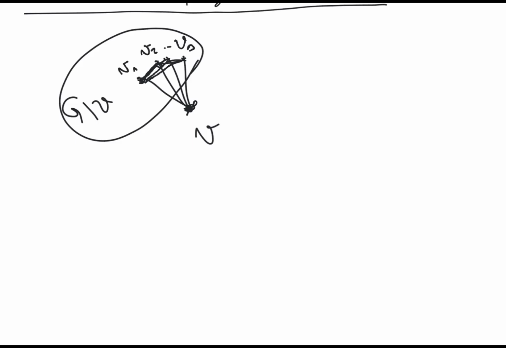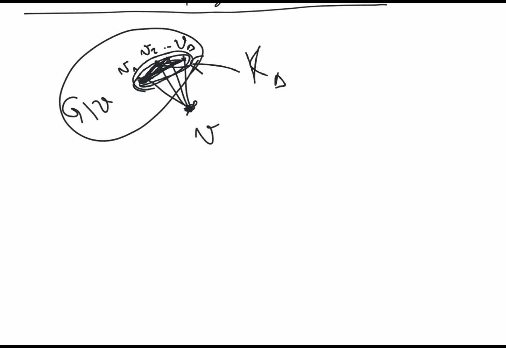So in particular, if we take the subgraph on these vertices v1 through v delta, this subgraph is a complete graph on delta vertices. So any two vertices in this list are adjacent to each other.